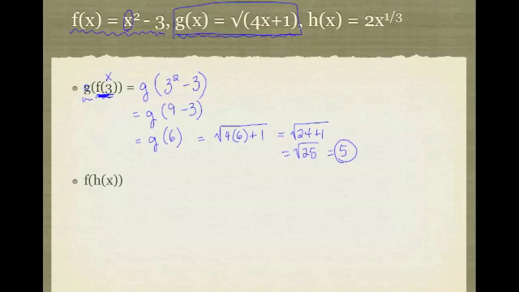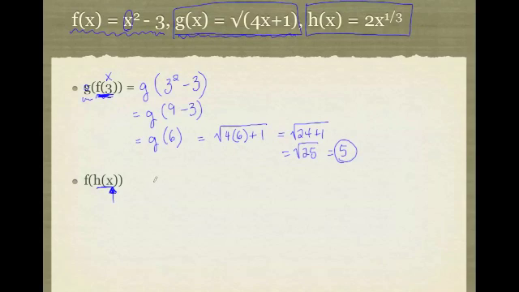Now I'm throwing in another function, h of x. Notice that's written here. So h of x is 2 times x to the 1/3, or the cube root. And also notice that this time I don't have a value. I just have the letter x.